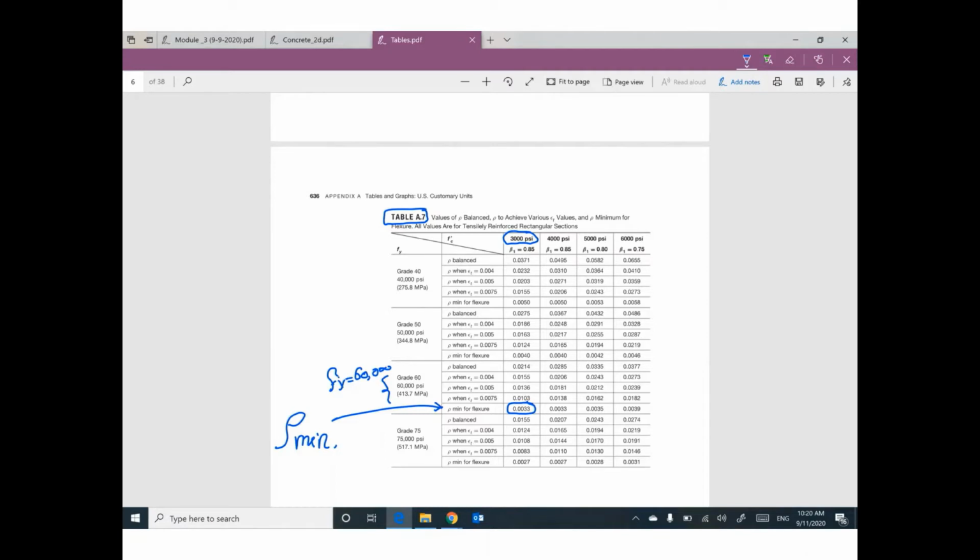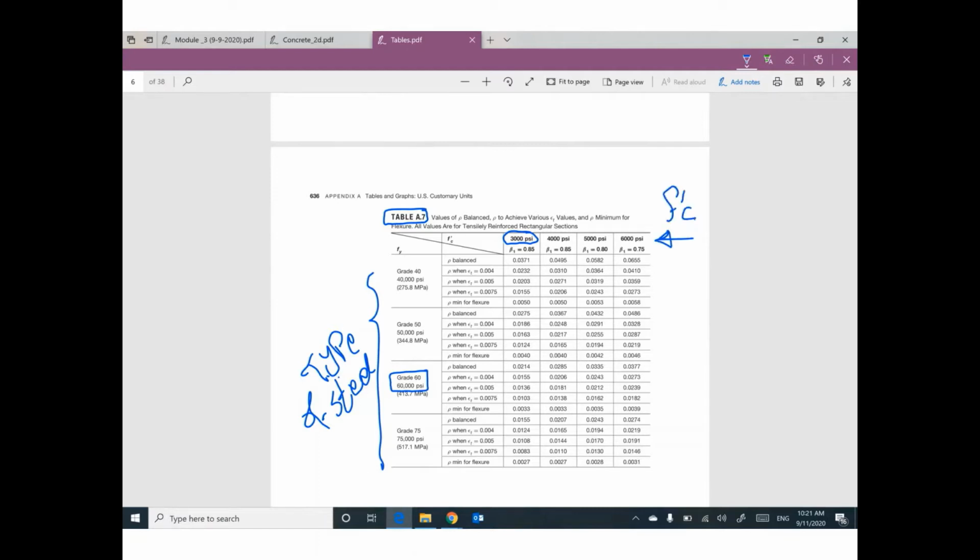So one more time, how can I use this table? It's very easy. It's only one table. From this side, I need to figure out the type of steel based on the F yield, 60,000. So you are in grade 60 with 60,000 PSI. From this one, I need to figure out the value of F prime C. F prime C is 3,000. So we have here 3,000. We have here different values.